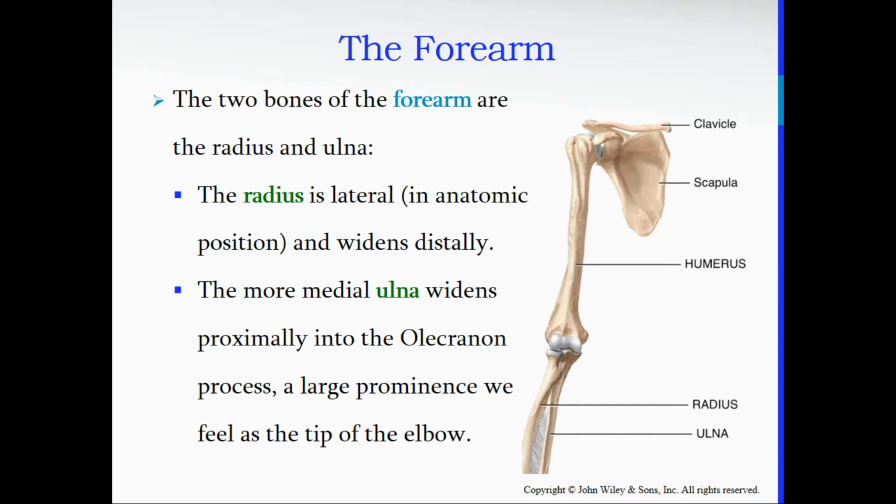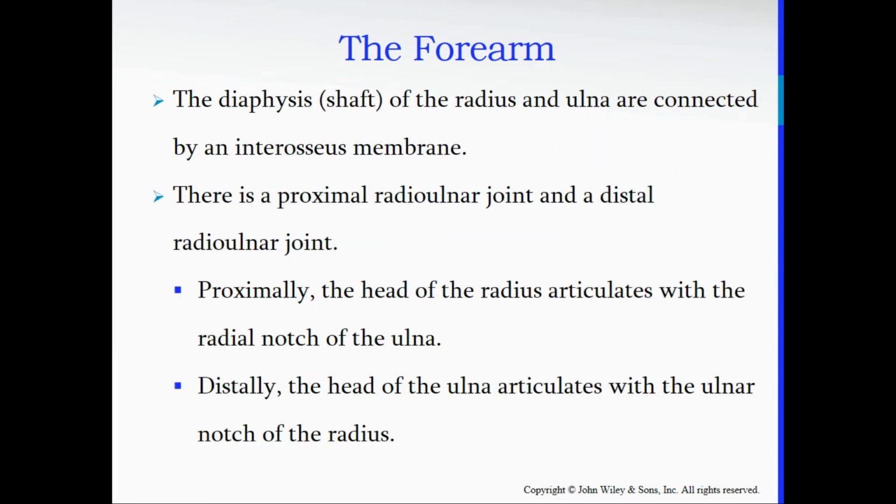The more medial ulna widens proximally, which means it's thicker and wider at the elbow, proximal to the olecranon process, a large prominence we feel as the tip of our elbow. If you bend your elbow and reach up and rub that point of your elbow, what you are rubbing is the olecranon process of your ulna.